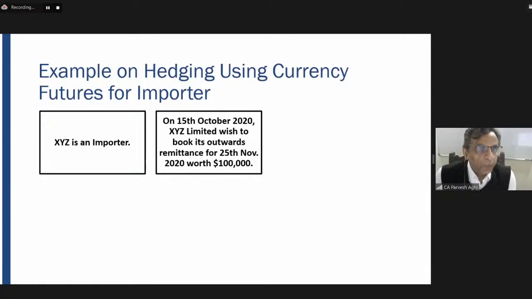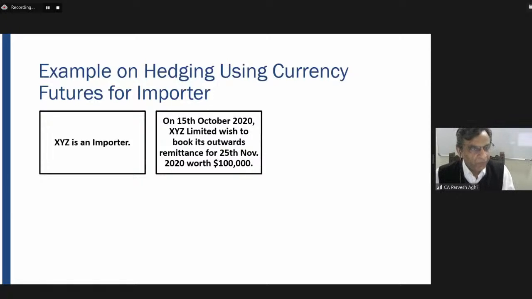On 15th October 2020, XYZ Limited wished to book its forward outward remittance for 25th November 2020 worth $1 lakh.